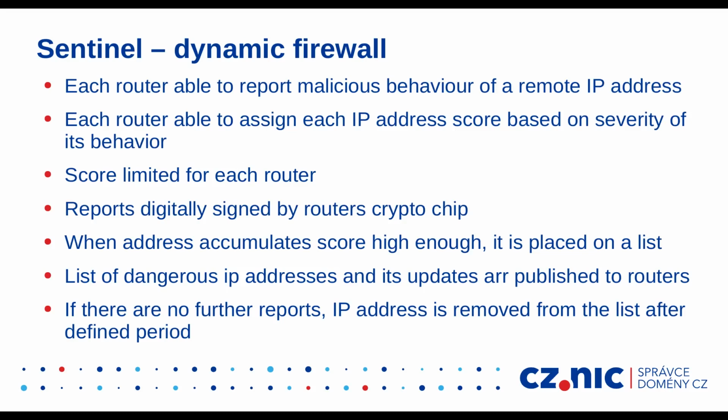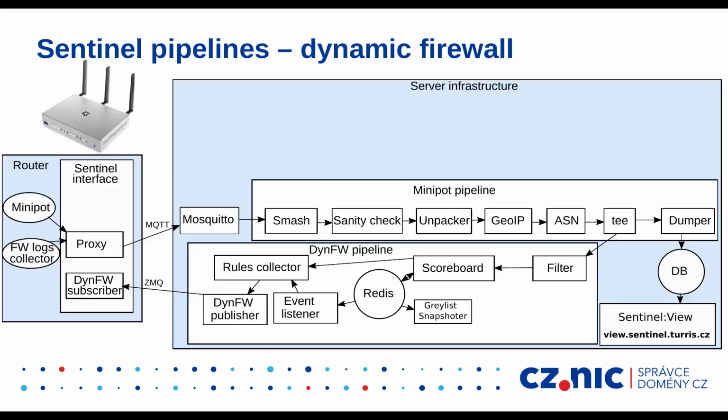The score bonus of each router is limited, and the authenticity of the reports is cryptographically verified. When an address accumulates a high enough score, it is placed on a list of dangerous IP addresses. The list and its updates are published back to all routers immediately. If we do not register any further report, an IP address is removed from the list after a defined period, currently 1 day.